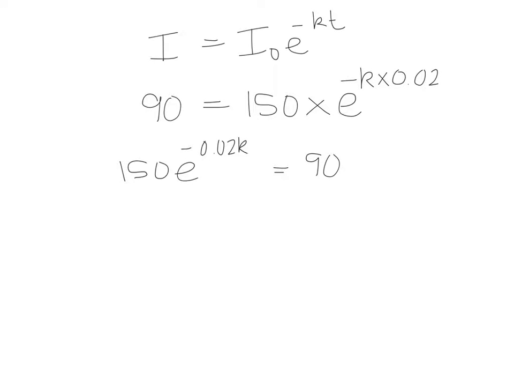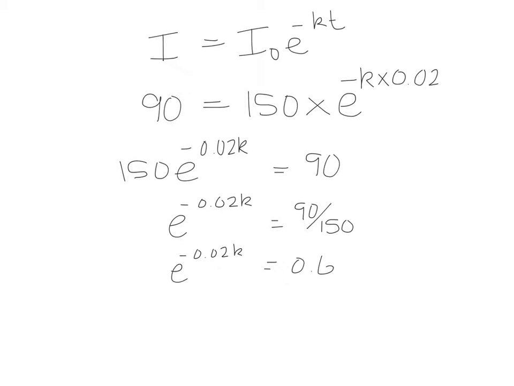Now at this stage we have to transpose, so we divide by 150. So the exponential's left on that side, and we have 90 divided by 150. So that's e to the minus 0.02k is equal to 0.6.